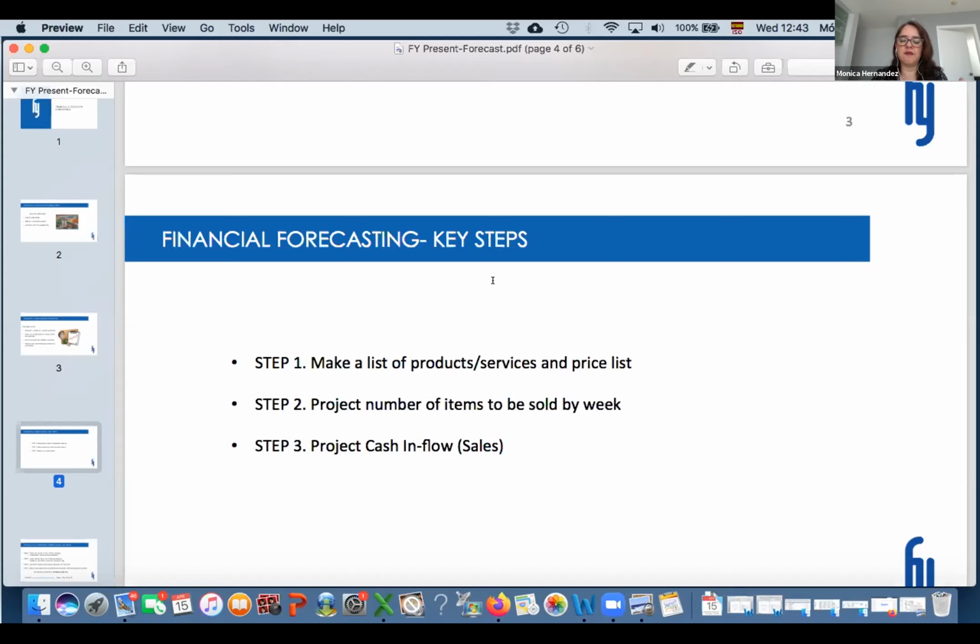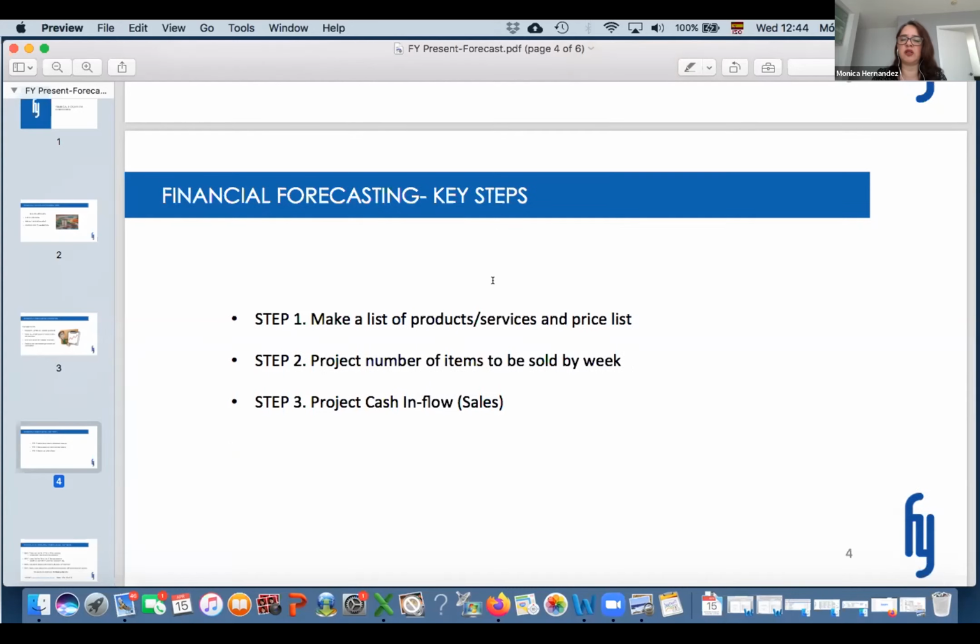Keep in mind that we are projecting first how many items, even before talking about the amounts of revenue you are going to get. Then it's just a matter of math to multiply the price list by the number of items, and you'll get the cash in you expect to receive. We're going to see an example in a few minutes, so bear with me. But these are the first 3 steps.